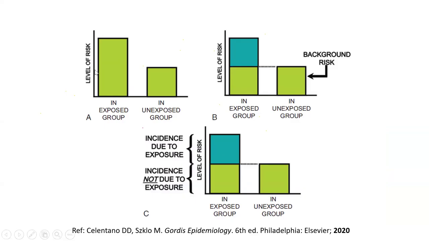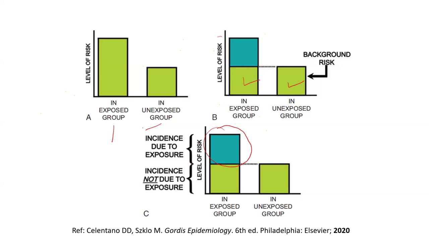What we see here is the incidence, or the level of risk, in the exposed and in the unexposed. The concept is that not all of the risk in the exposed is because of the exposure. There is some background risk, which is the risk happening in the unexposed. If you subtract this background risk from the entire risk in the exposed, then you get to know exactly what amount of risk in the exposed is attributable to the exposure.